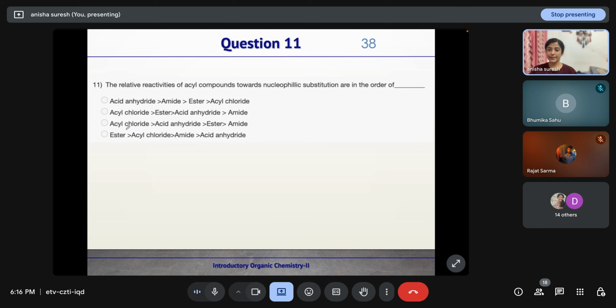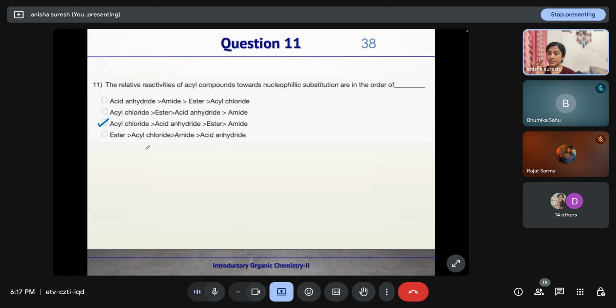While we were discussing the summary, we went through the reactivity order of these acid derivatives. Option C will be the right answer. Acid chloride will be more reactive, then comes acid anhydride, then ester, and then amide.